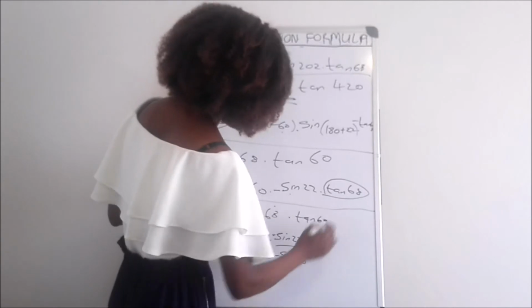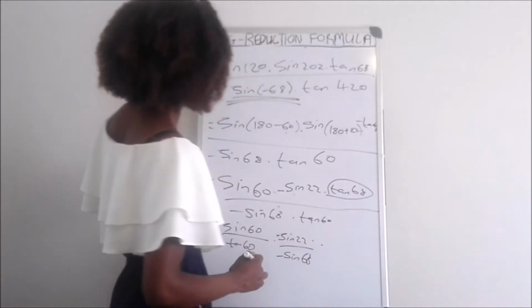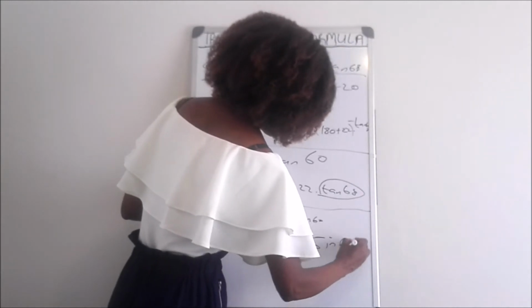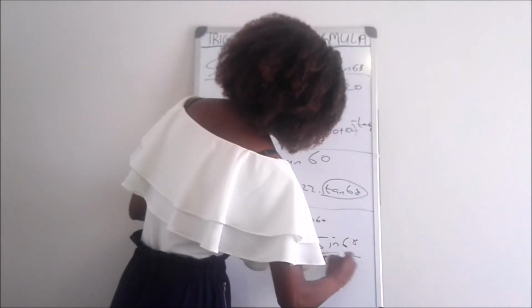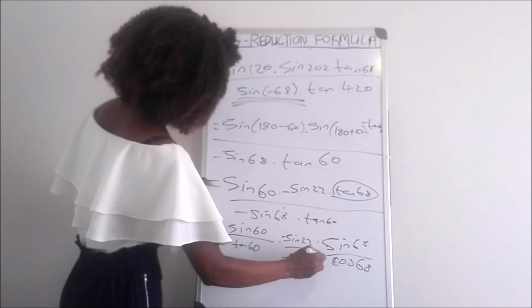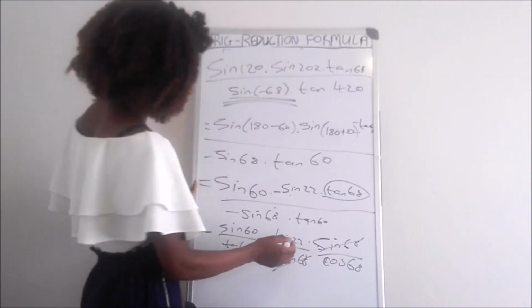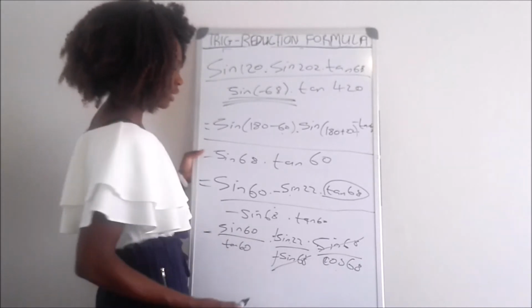Let's divide by that, and we'll be left with tan 68, which we change to sine 68 divided by cos 68. Now this and this will cancel out, and the negatives as well. We'll be left with sine 22 and cos 68.